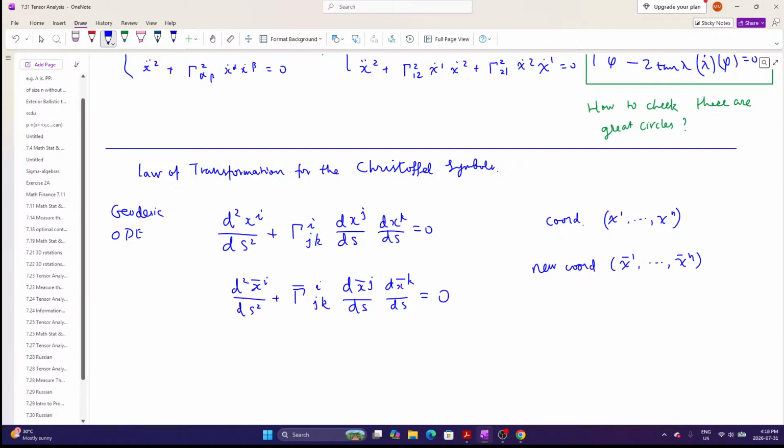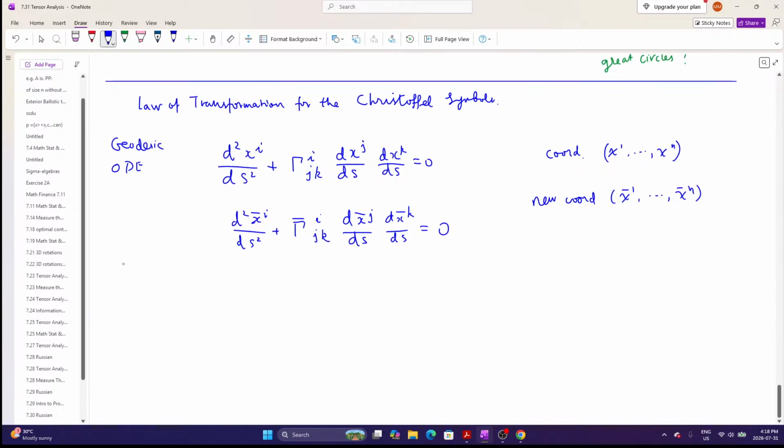We now find a relationship between big gamma ijk and big gamma bar ijk. Can we get a relation between the two?